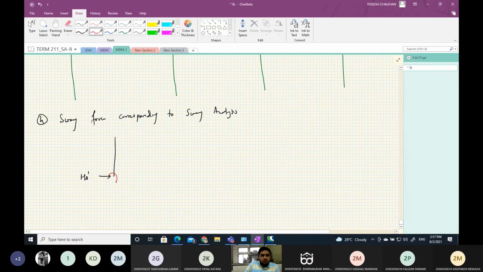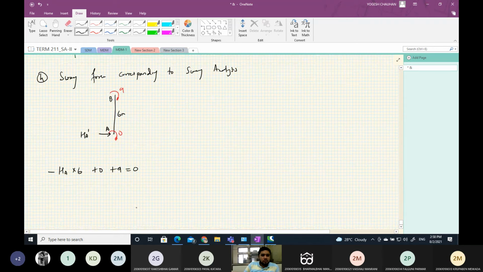The moment here is 0, the moment here is 9. This is A, this is B, and this is 6 meter. You will get HA into 6 anti-clockwise plus 0 plus 9 equal to 0. So you will get HA equals 9 by 6, which is 3 by 2, that is 1.5.